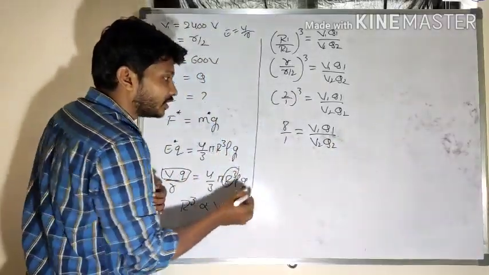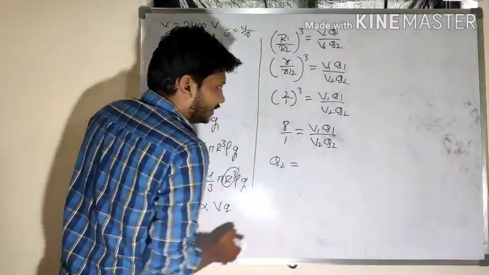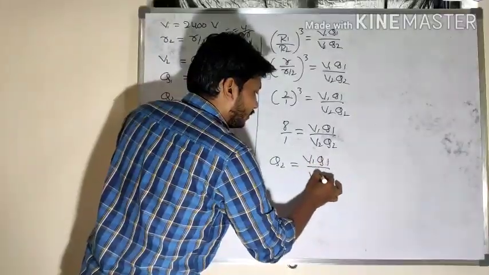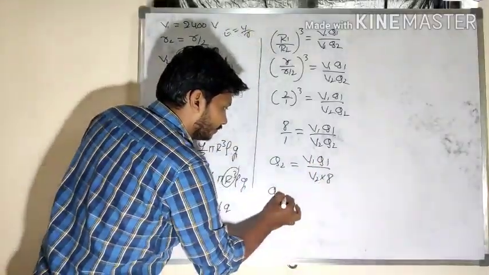What is the radius? The initial radius is R, so the final radius is R by 2. R cancels out, so 2 by 1 whole cube, that is 8 is to 1, is equal to V1 Q1 divided by V2 Q2. So I will find that Q2 value: V1 Q1 divided by V2 into 8.